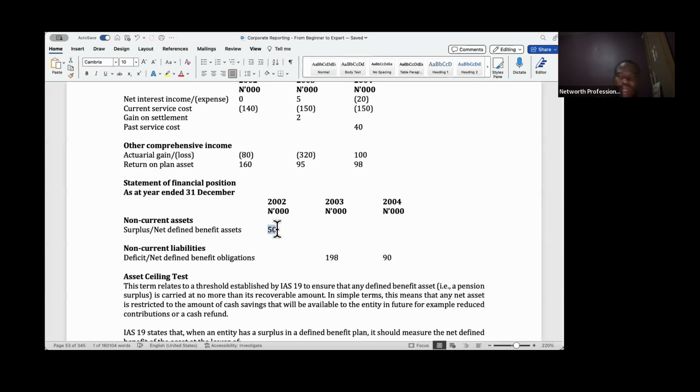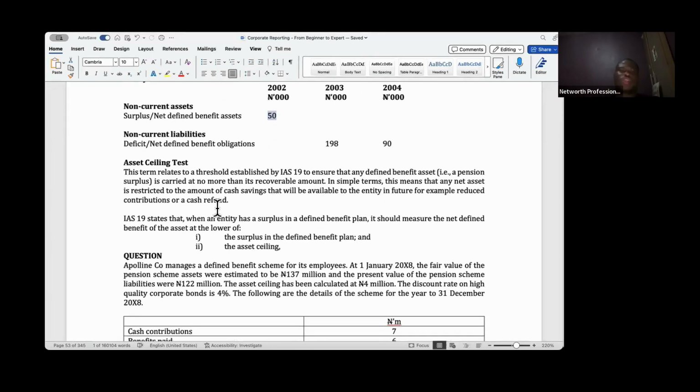So the benefits you can get is either they reduce your future contribution so that the plan asset and obligation can match in the future, or they refund you. So either of them. So all I just want to look at here is a scenario where those figures are given.